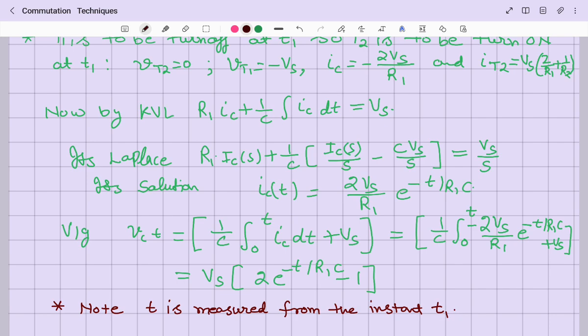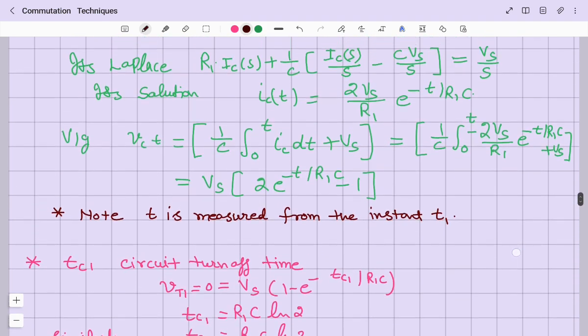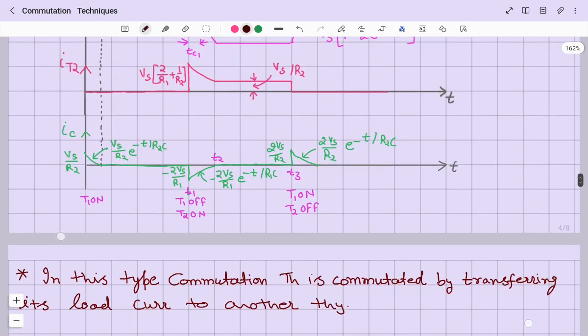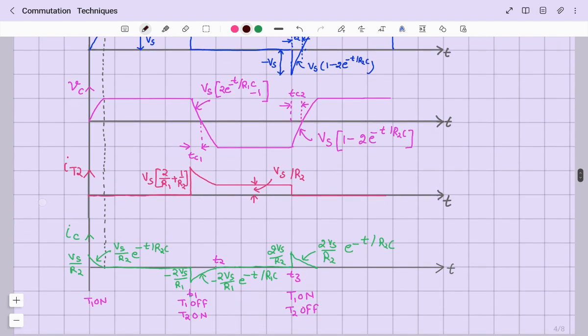Similarly, we can get the capacitor voltage by simply integrating the current over a period of time, 1 by C integral from 0 to t of IC dt plus the initial voltage, that is plus Vs. After solving this, we will get Vc equal to Vs times 2 e to the power minus t upon R1C minus 1. Here one thing you should notice is that t is measured from the instant t1, meaning from here, which is quite obvious.